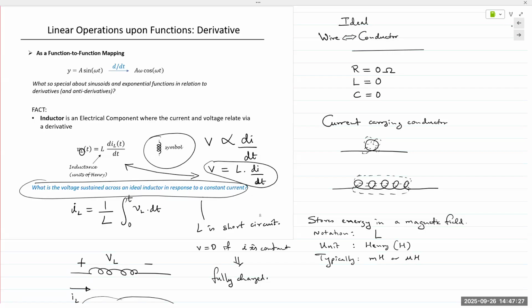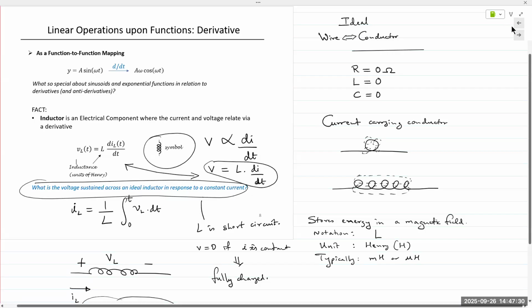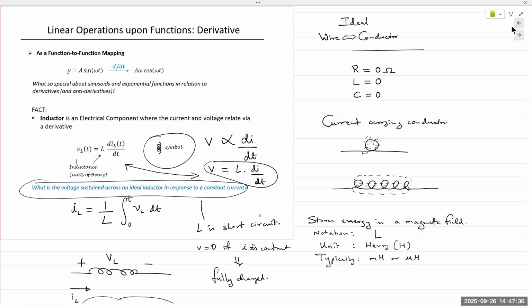Instead of VL of T, if the inductor was named Batman, you would say V Batman of T. Does everybody get that? You could call that inductor whatever you want. It could be L1, L2, L3, and you would say VL1, VL2. And the T inside the brackets means it's a function: that voltage is a function of time. So if time changes, the voltage has a different value.